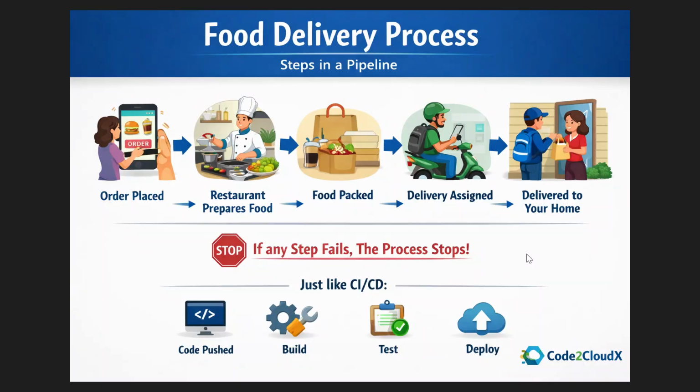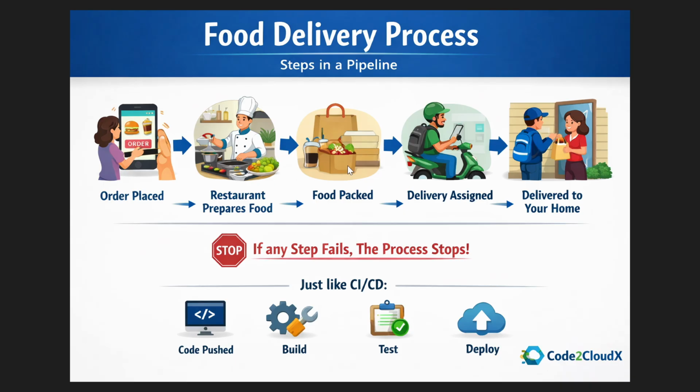suppose you order food using an app like Zomato or Swiggy or any other food app. The process goes through multiple steps, right? Firstly, your order gets placed after selecting the items, and then the food starts getting prepared.